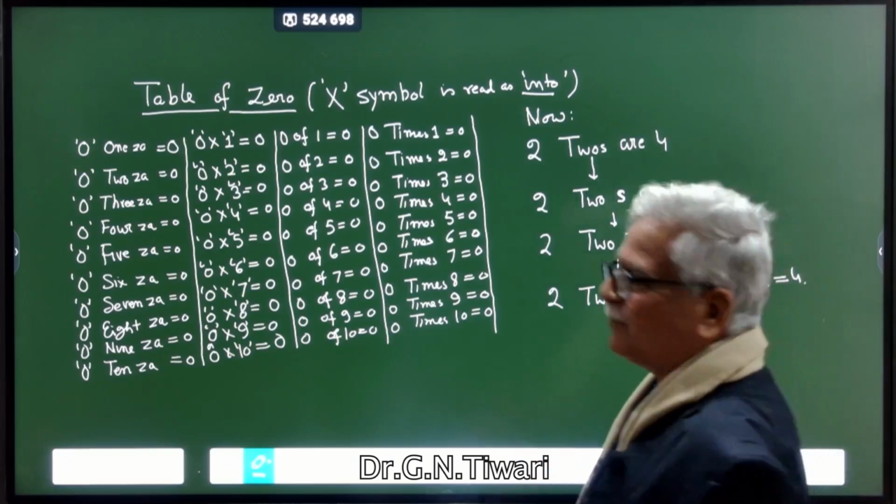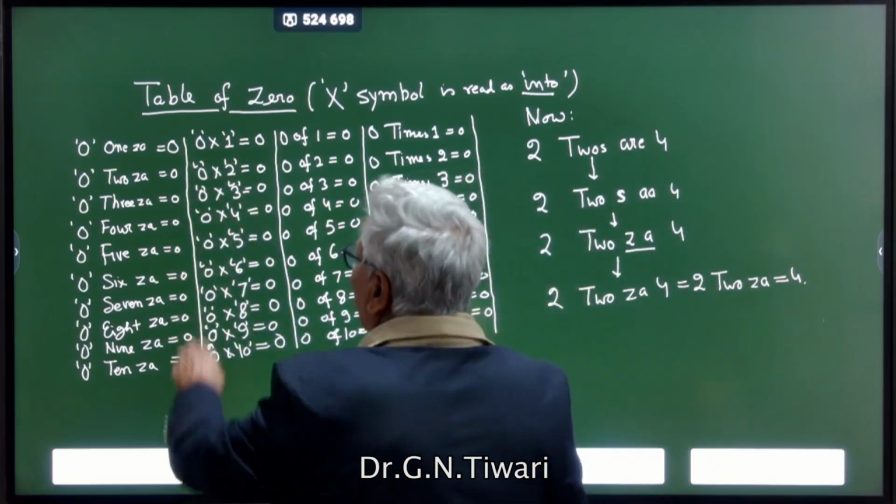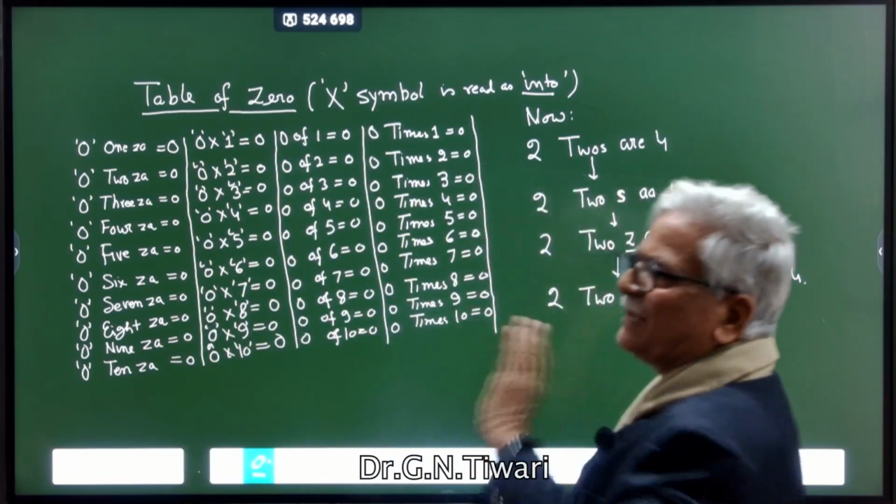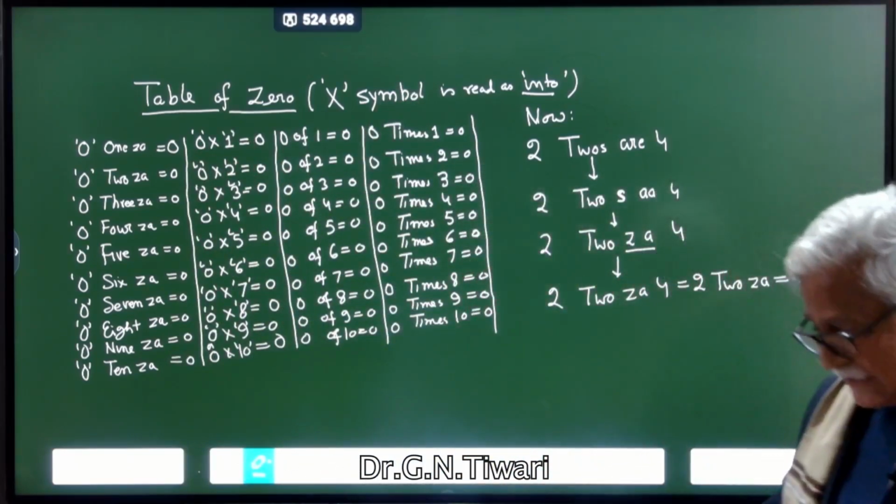So I hope you have understood the meaning of ja. Into, of, and times have the same meaning as far as multiplication is concerned.